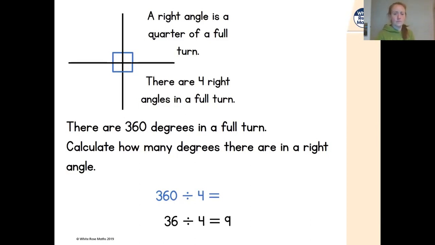So 360 divided by 4 is equal to 90. So there are 90 degrees in a right angle. And that's really important that we know that about right angles. A right angle is 90 degrees. Why? Because a right angle is a quarter of a full turn, and a quarter of 360 is 90, and there are 360 degrees in a full turn.